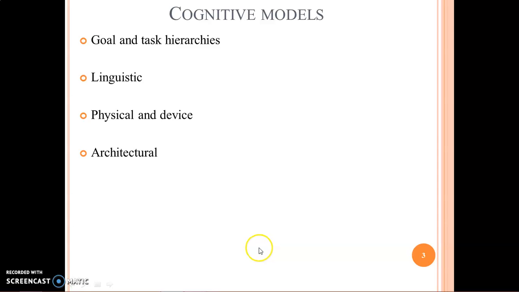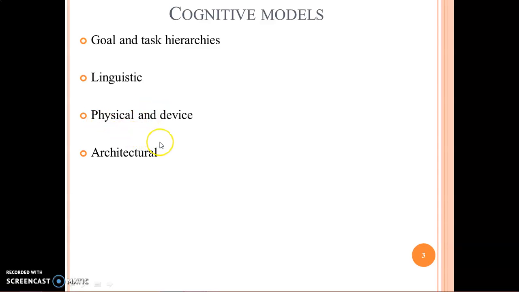Now, what do we mean by hierarchical models? Basically, it represents a user's task and goal structure. The linguistic models represent the user system grammar and how it is understood by the user.